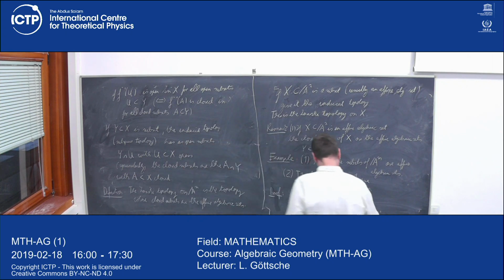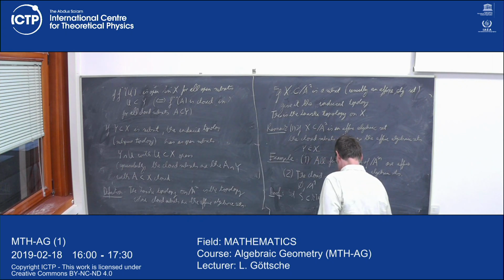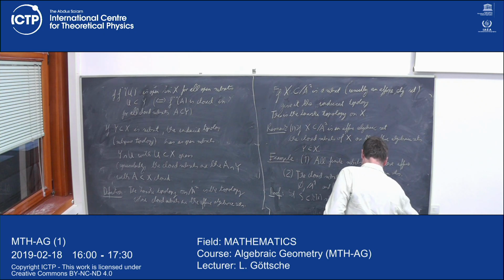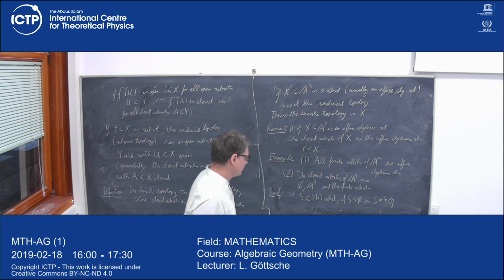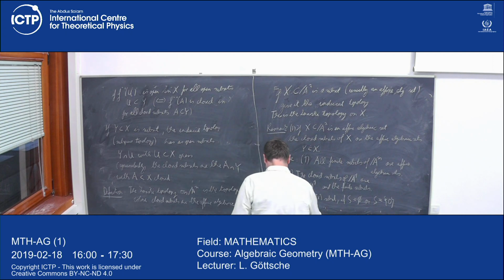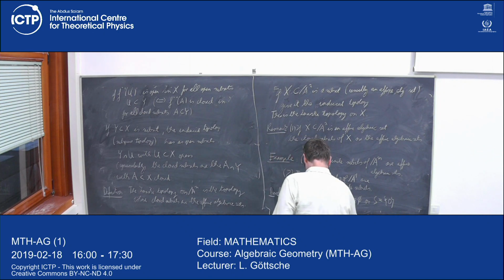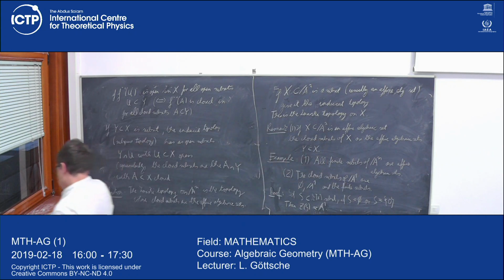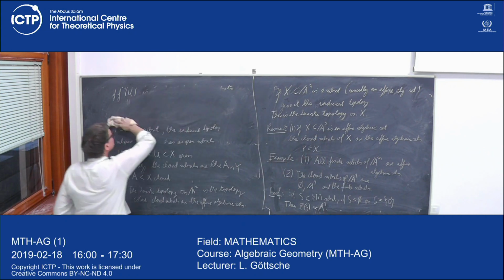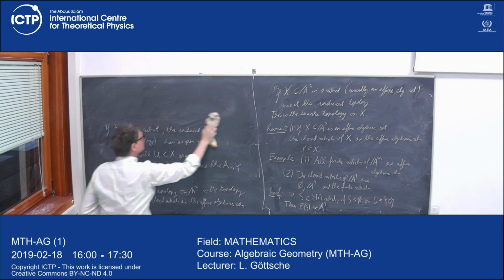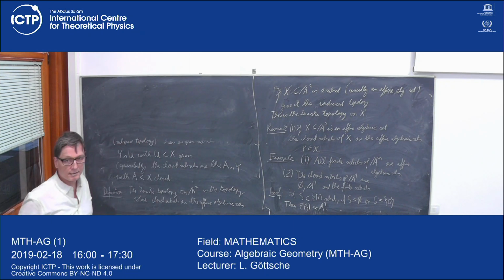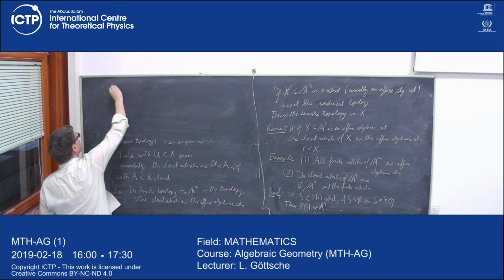So if S is the empty set, or S only consists of 0, then the zero set of S is the whole of A1. Otherwise, we have one non-zero element in S.